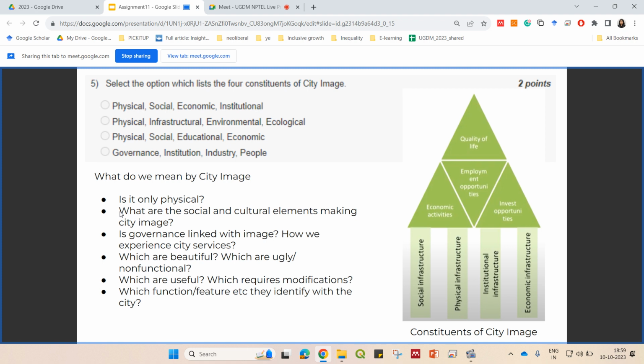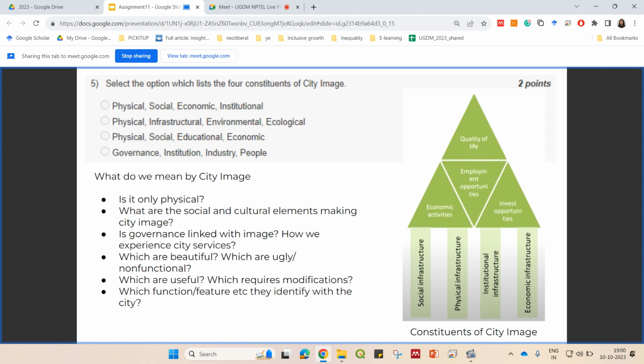Then what are the social and cultural elements which make the city image? Again, it's not only physical. There are social and cultural elements also which make your city's image. Is governance linked with the image? Again, how we experience the city services, the ease of how you can use them, how accessible they are, who they are accessible to.